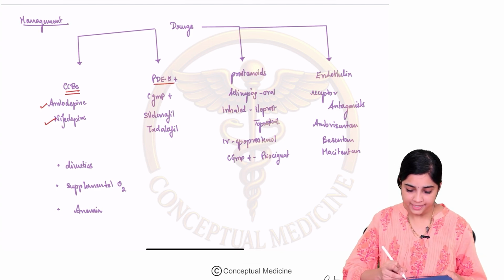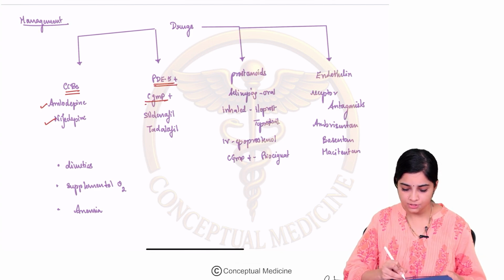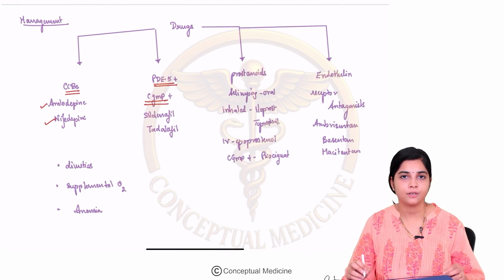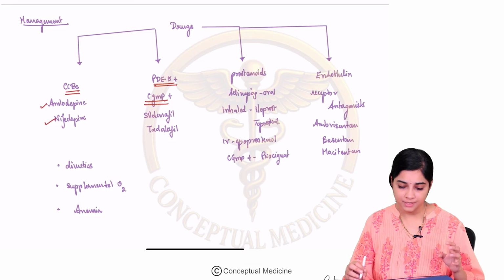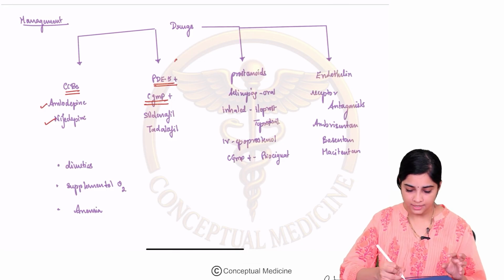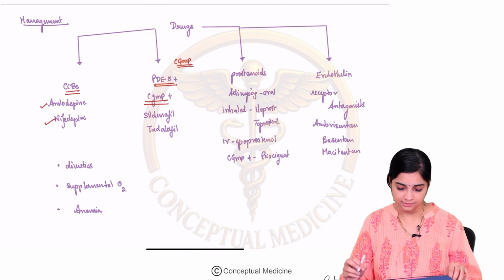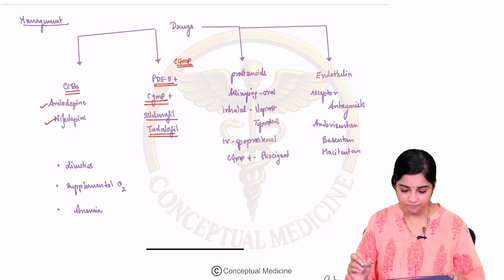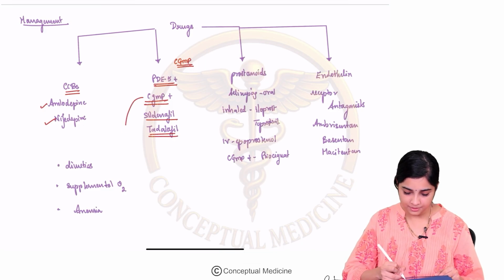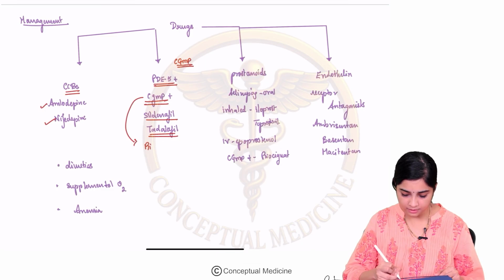Fine. Then you have PDE5 inhibitors and cyclic GMP stimulators. We had already looked at how these drugs are useful. These basically act on your cyclic GMP pathway. The PDE5 inhibitors are sildenafil and tadalafil, right? And the cGMP stimulator used is a newer drug called riociguat.